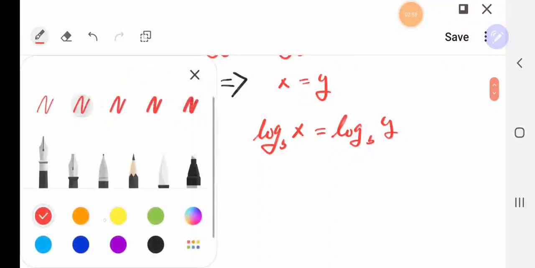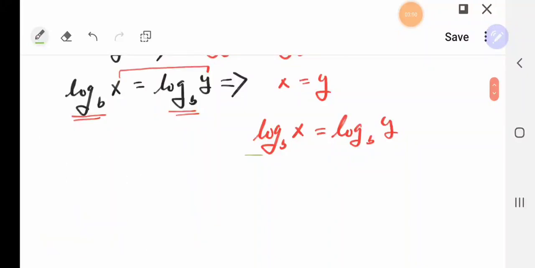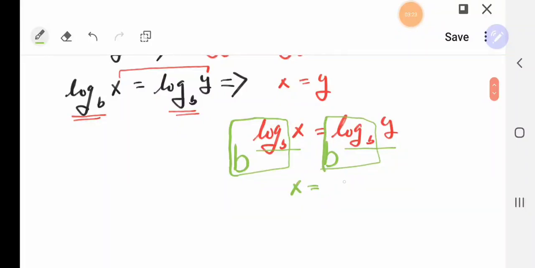So why don't we take base b on each side? So the logarithm will be the exponent. This will be the exponents of base b. Then by definition, from the previous section, this thing cancels out, so we have x, and this thing cancels out, so we have y on the right side.